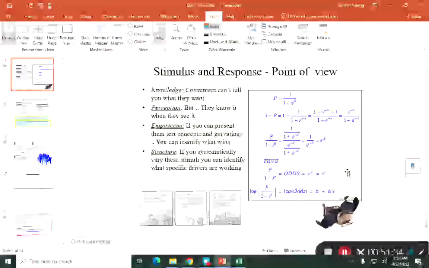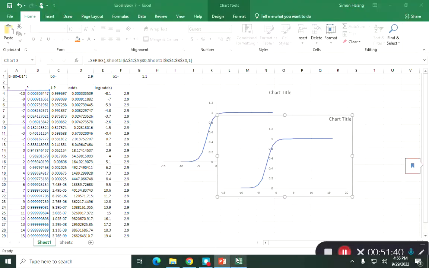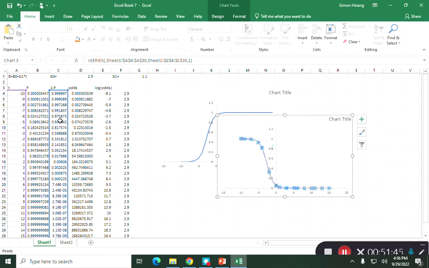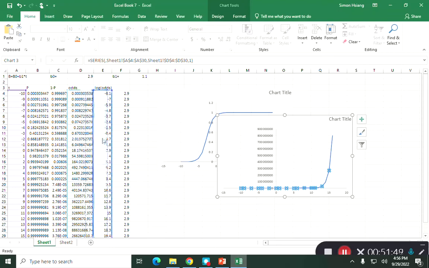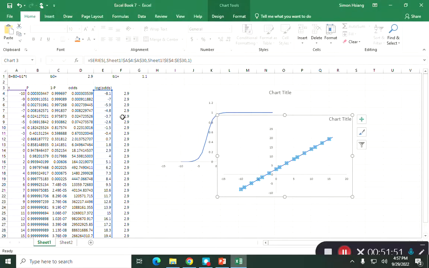That's my shape. But I know that when those parameters change, my whole thing will change accordingly. And here I do want to ask you why a lot of the time we like log so much, because see here, look at this curve.